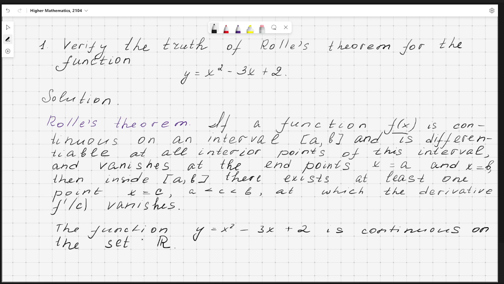All on the set of all real numbers. This function is differentiable at all interior points of this interval.